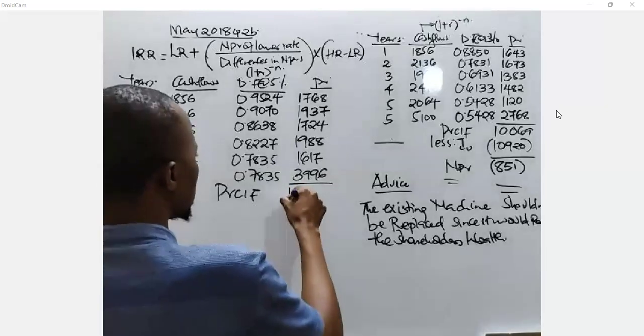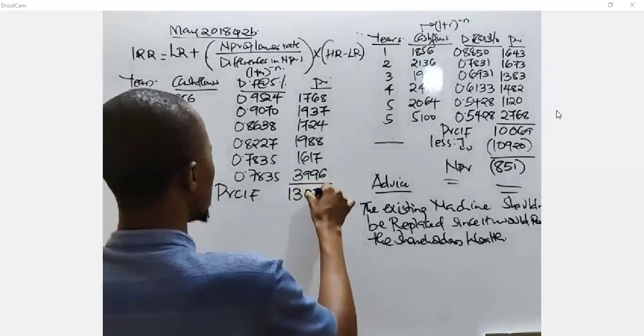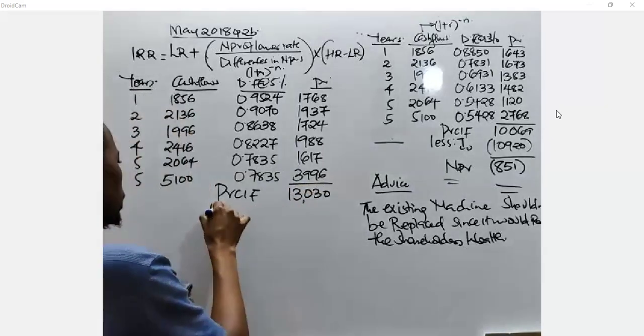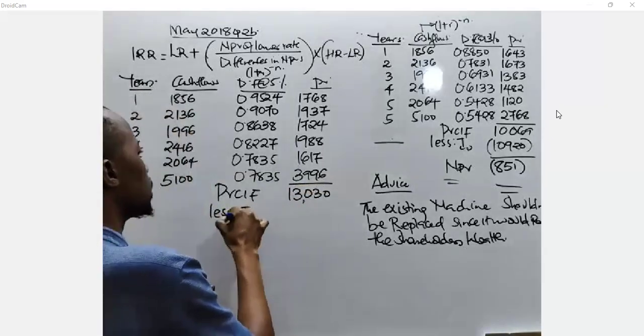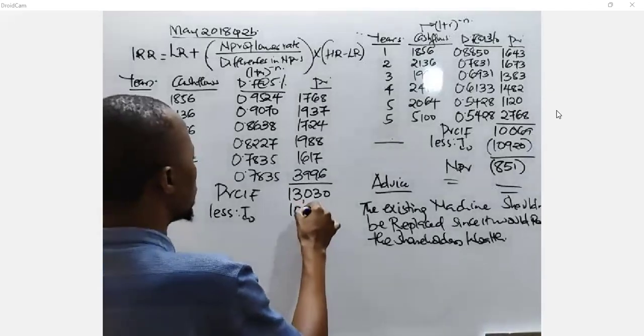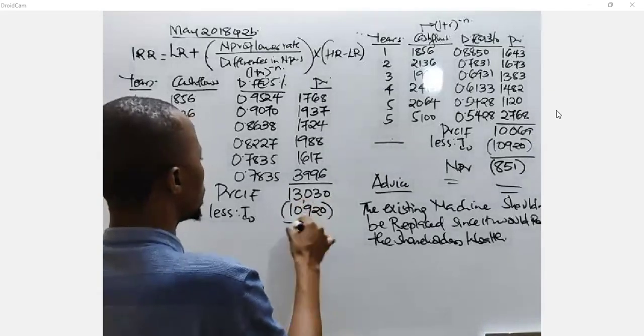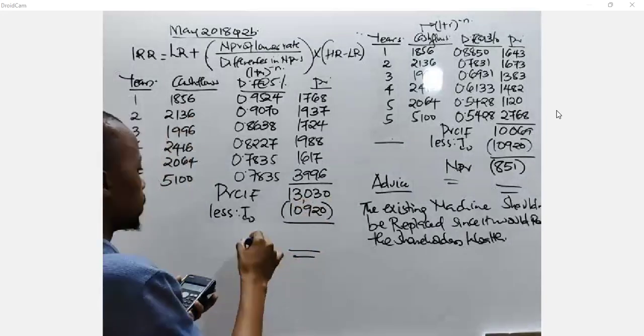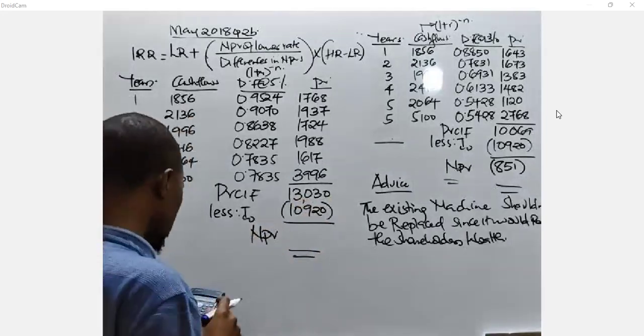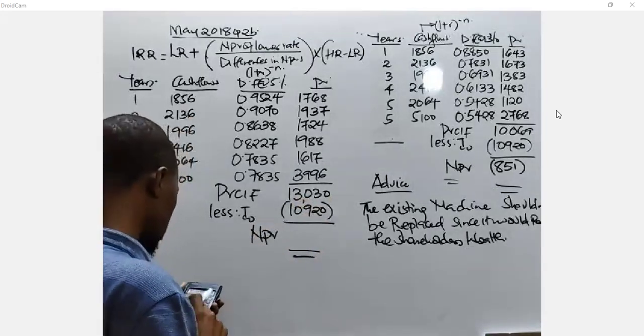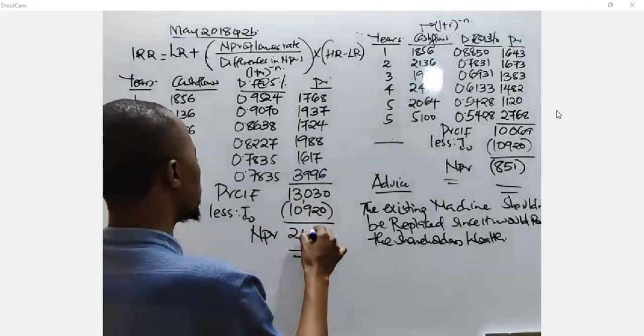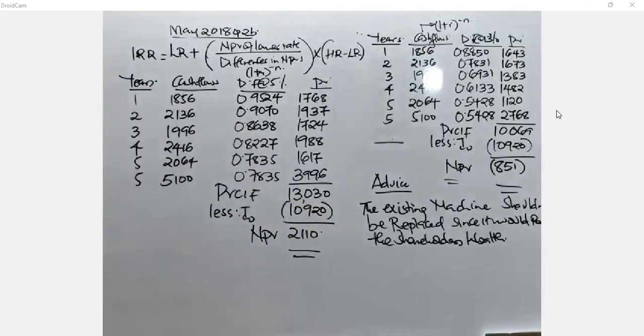We are getting 13,030. Let's do the initial outlay. Our initial outlay was 10,920. What is your NPV now? So the NPV will be 2110.